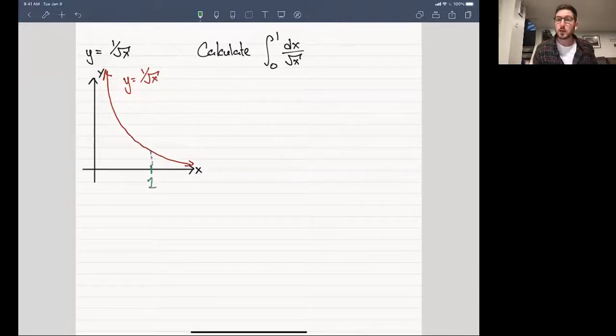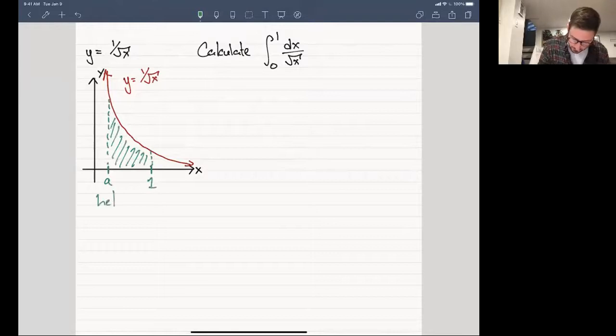Then we can do something similar. Because this is unbounded as we approach 0 from the right-hand side, we are going to fix some lower limit that is not 0 and compute the area between, say, a and 1. And then we can let a go to 0 from the right in our computation.